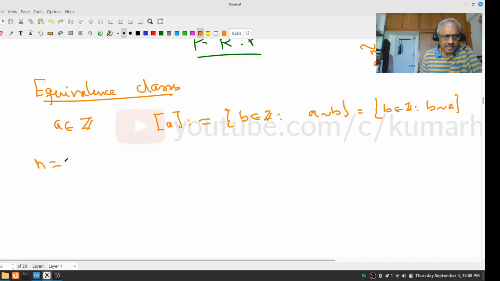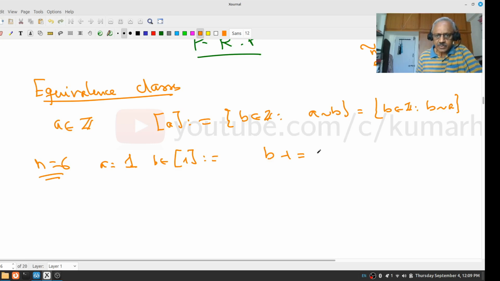Let's look at, okay, some examples. Let me take again N equal to 6. Okay. Let me look at 1. Okay. My A equal to 1. What is the equivalence class of 1? So if B belongs to this, what does it mean? B minus 1 must be a multiple of 6. Therefore, it should be M times 6. You understand that? Therefore, what is B?